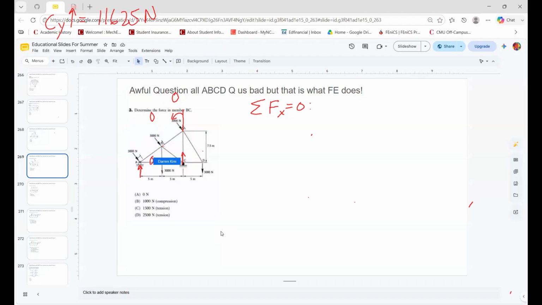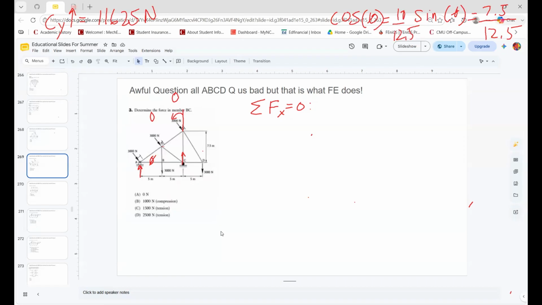In that case, sine theta is equivalent to the opposite, so 7.5 divided by the square root of 10 squared plus 7.5 squared, which is 12.5. And then cosine theta is equivalent to 10 divided by 12.5.